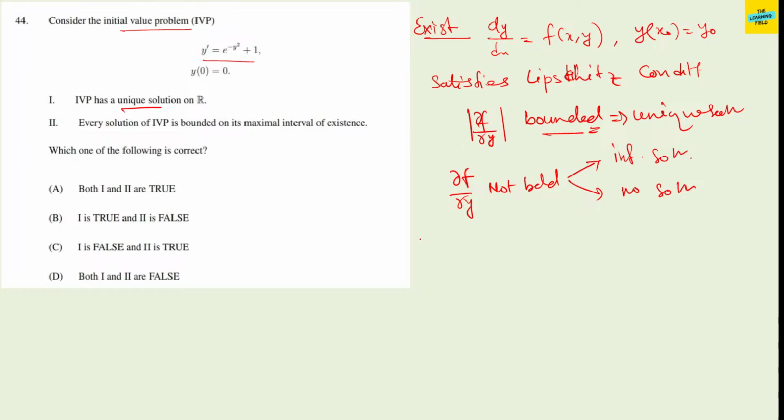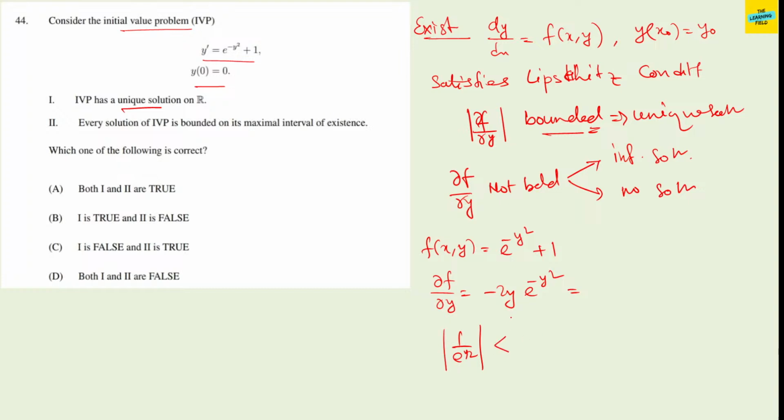Fine. So here f of x, y given is e to the power minus y square plus 1. Now we simply calculate the del f del y term. This is equal to minus 2y e to the power minus y square. Now whatever the value of y may be, positive or negative, this 1 by e to the power y square term is always less than 1.